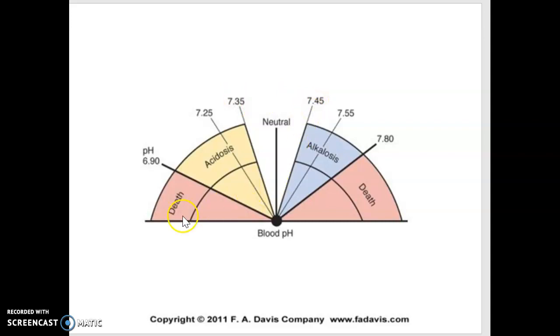You can see here on this example that below 6.9 is going to lead to the person's death, and above 7.8 as well. So when the person is in acidosis or alkalosis, we have a little bit of time to fix it before the person deteriorates further.